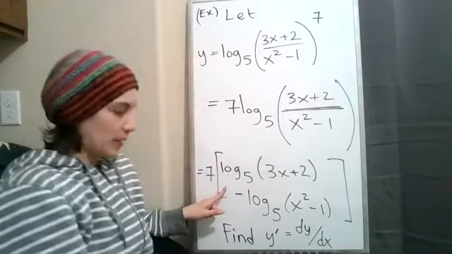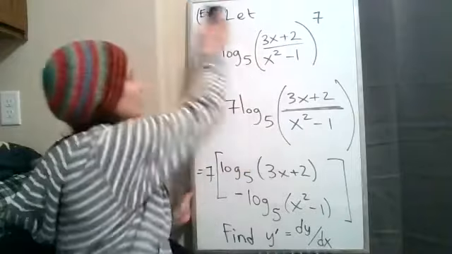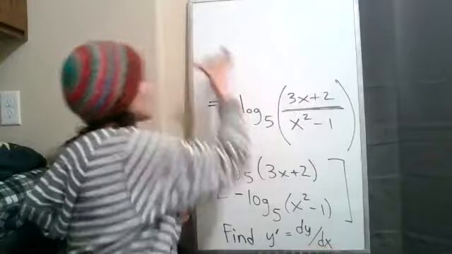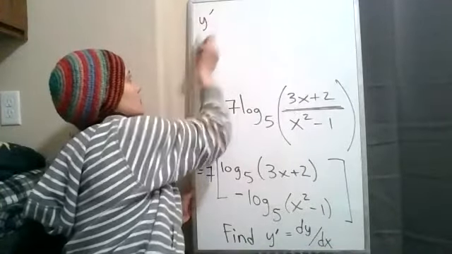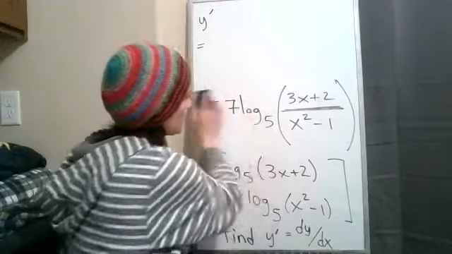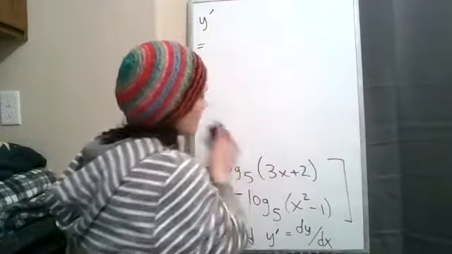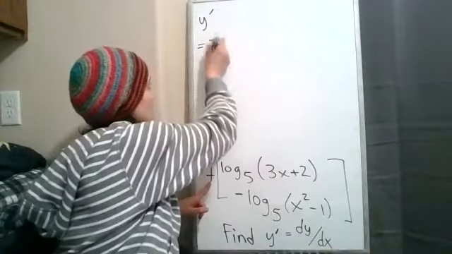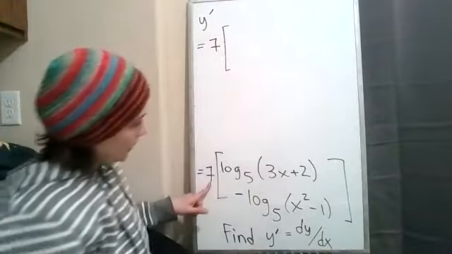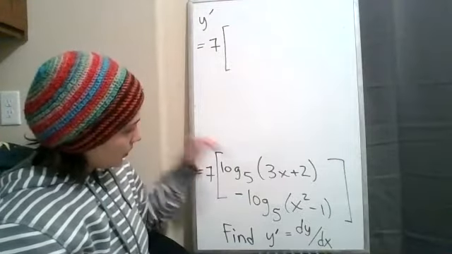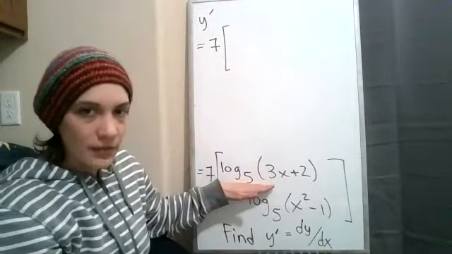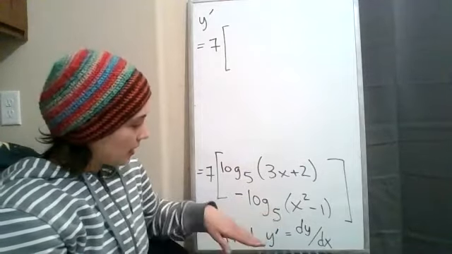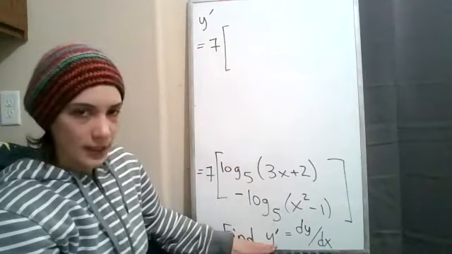So y prime is equal to. We've got a 7 sitting out front. We want to do this derivative and then do this second term, take that derivative, and I think that's it.